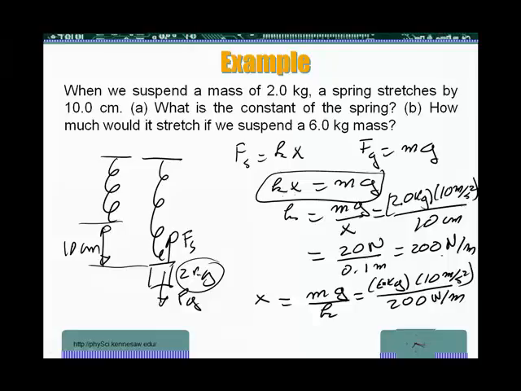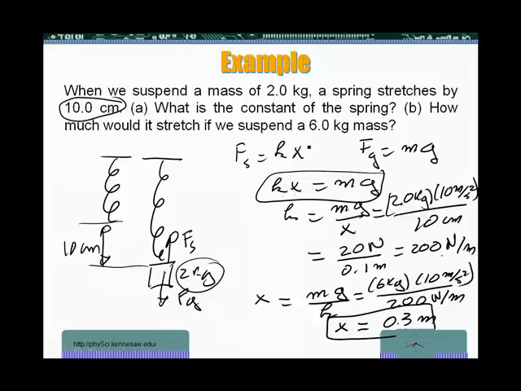So that would be 0.3, I believe. Yeah, 0.3. 0.3 meters. One thing that I would like you to notice, the 0.3 meters is 3 times the 0.1 meter we had initially. And that's because we have 3 times the mass.